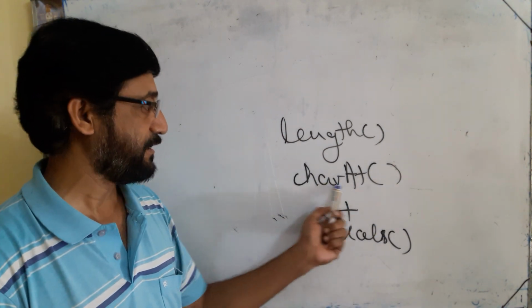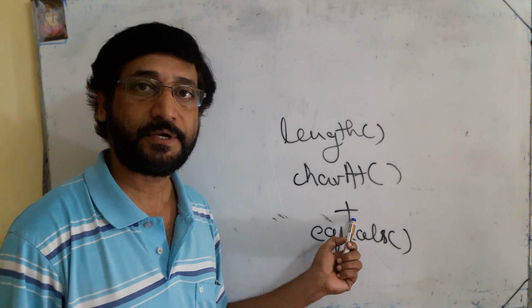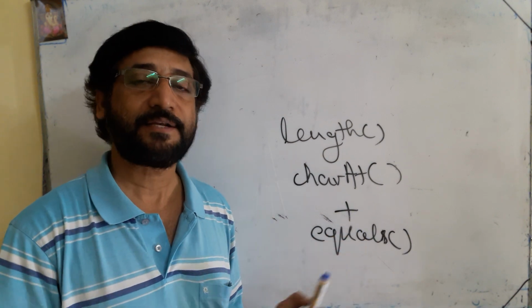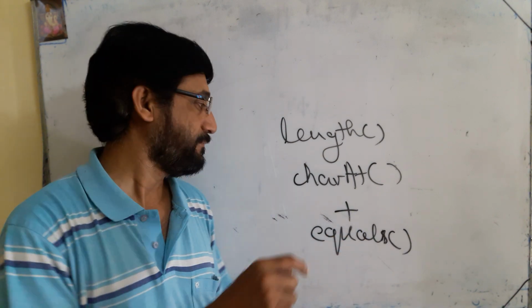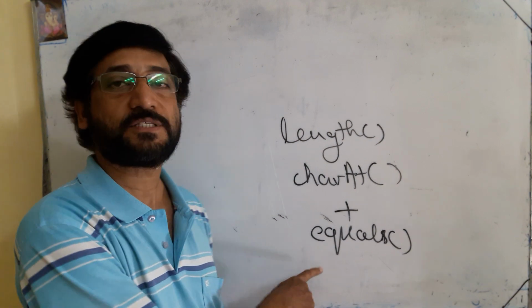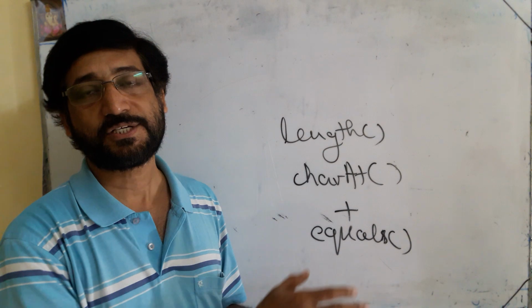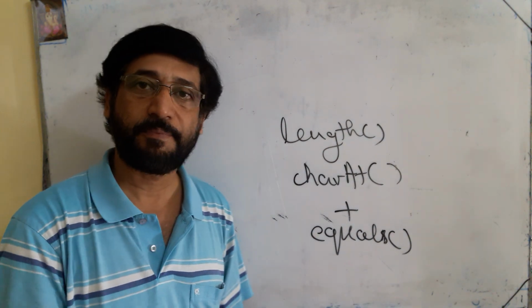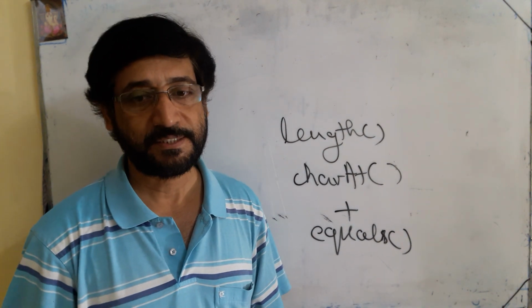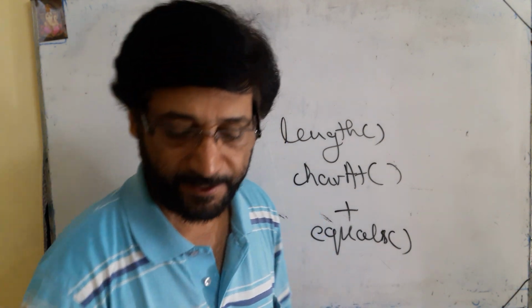Third is the concat operator, the plus sign, which you can use to join the selected characters back to back. The last one is the equals function to check whether both the strings, the reverse string and the original string, are equal or not. If both are equal, then you can print it is a palindrome string. Otherwise, you can say it is not a palindrome string.